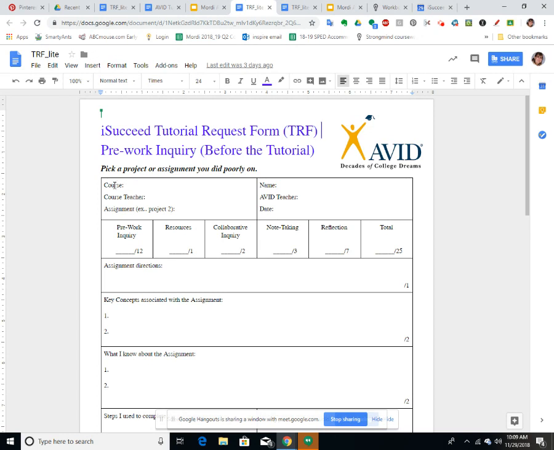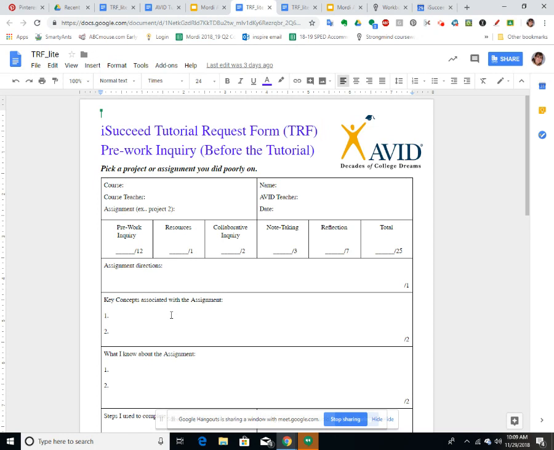You're going to put what course it was for, who the teacher was, and what the assignment was: a lesson 10 discussion, or project, or an exam, or whatever it is. Then copy and paste the assignment directions. What exactly were you supposed to do?